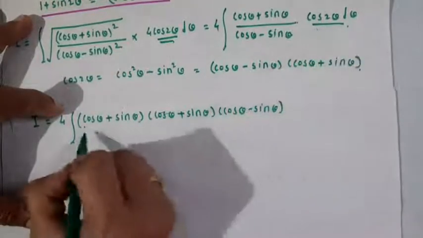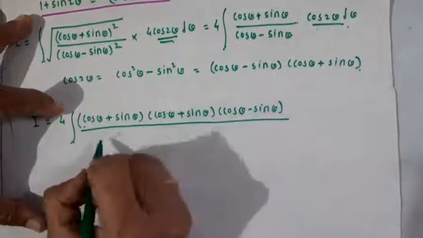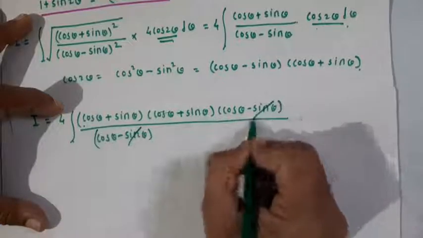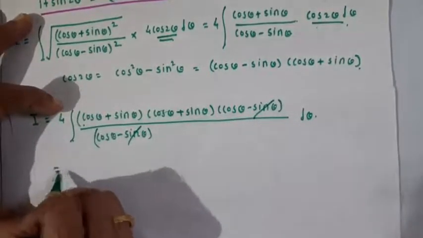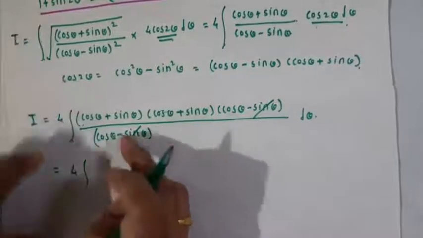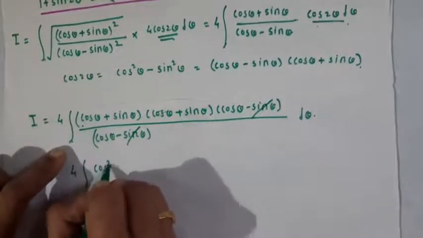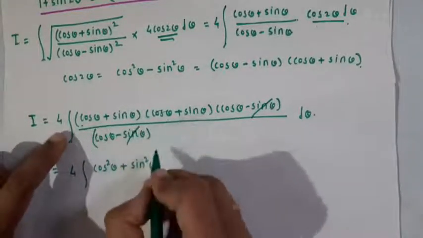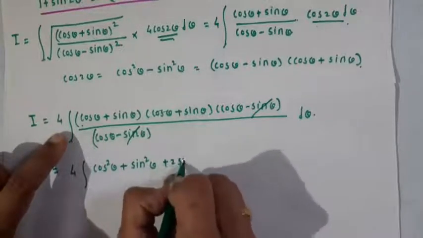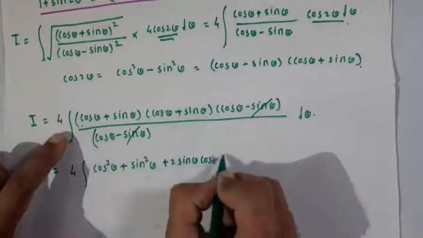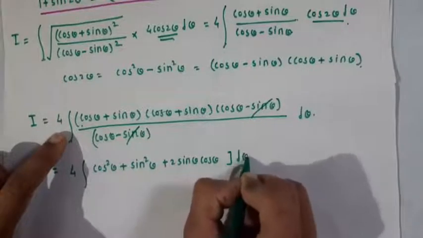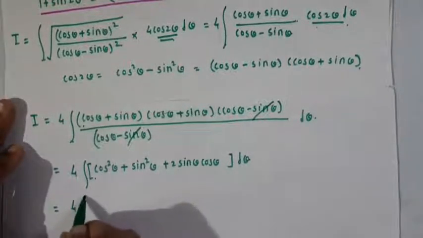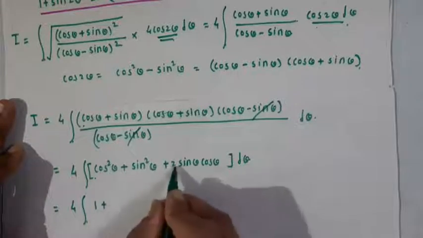We have put the value of cos of 2 theta, and this cos of theta minus sin theta at the denominator gets cancelled with respect to theta, and now this is equal to 4 into a plus b square, that is cos square theta plus sin square theta, and that is 2 sin theta cos theta plus 2 sin theta cos theta with respect to theta, and hence this is integration of 1 plus 2 sin theta cos theta.